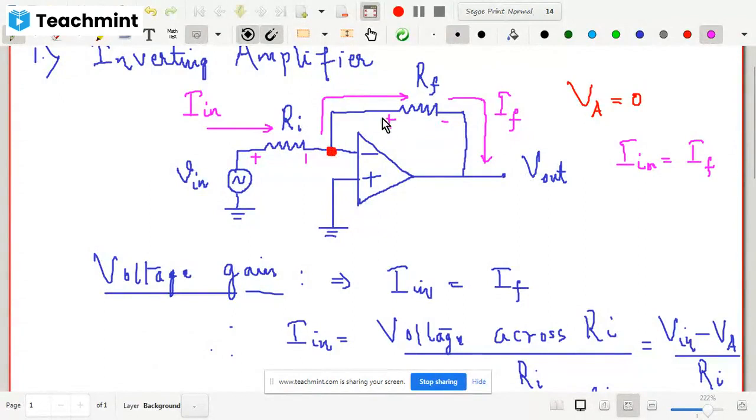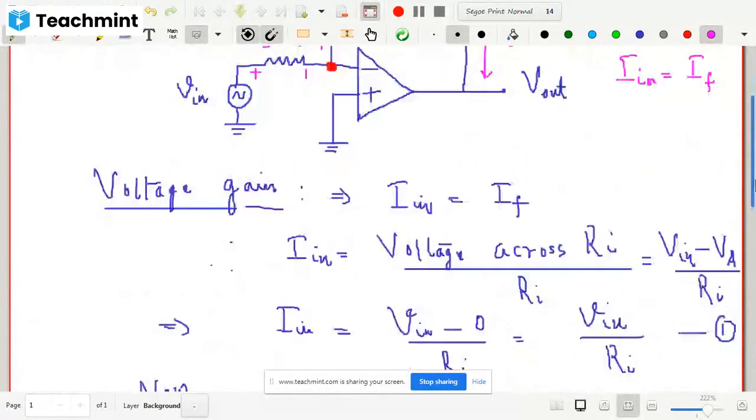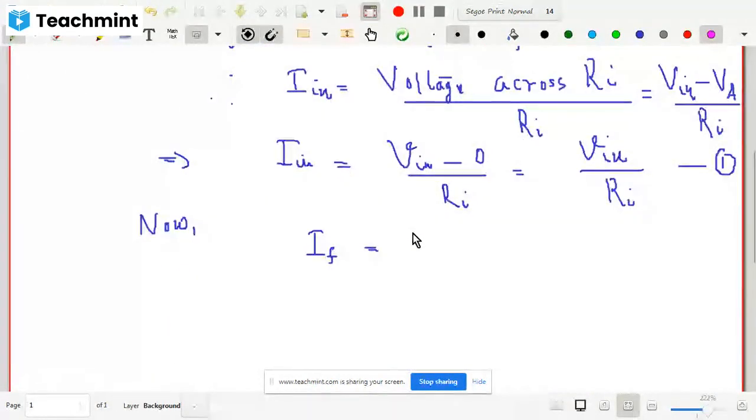So the potential drop across R_F would be just like the previous one. You calculated the drop across R_1 as v_in minus V_A. Now you calculate the drop across R_F. The current is flowing in this way, so it would be V_A minus V_out divided by R_F.